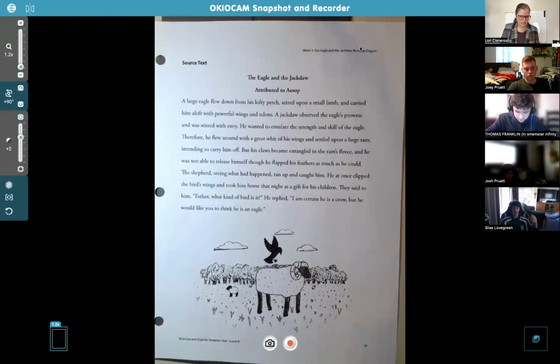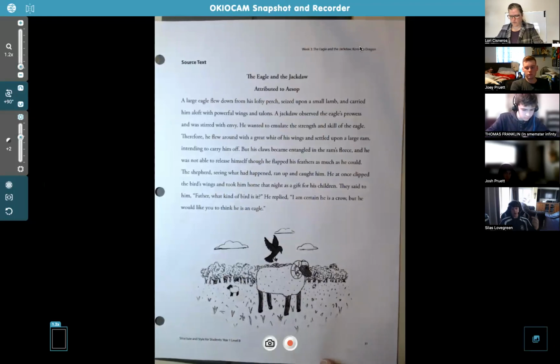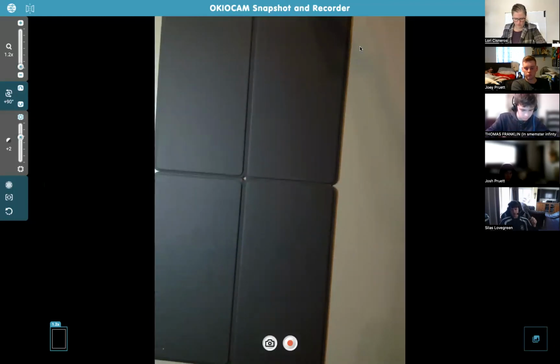That's what I have on, because there's weird lighting with the overhead lights and the window behind me. Do you have to fix that setting before you log in, or can you do it while you're in? I think you can do it in the middle, but I think you might have to do it beforehand. I wasn't able to access all those settings I usually am in the middle of this. You can do it right now. You just go over to the little stop video thing, the little arrow, and click on that.